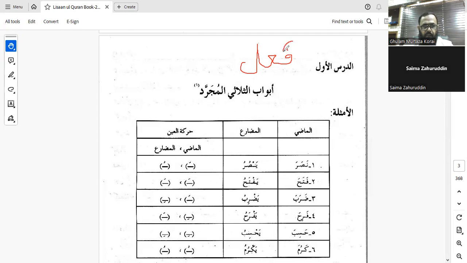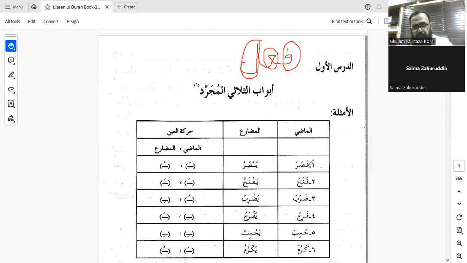These are the huruf asli: kalimatul fa, kalimatul ain, and kalimatul lam. And before developing our discussion further, I would like to go through these af'al.